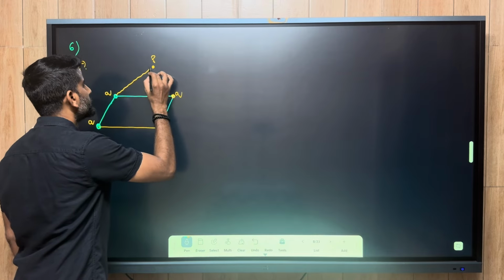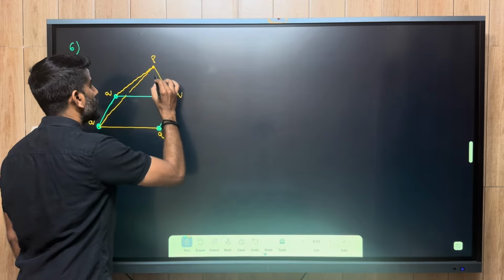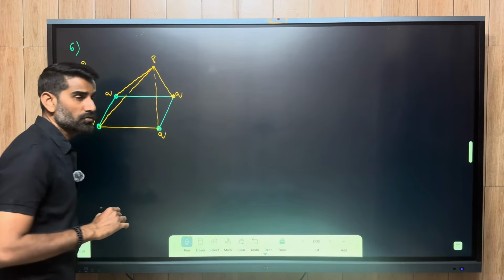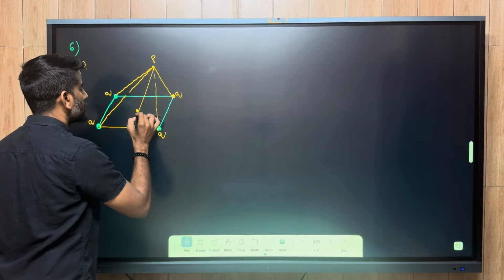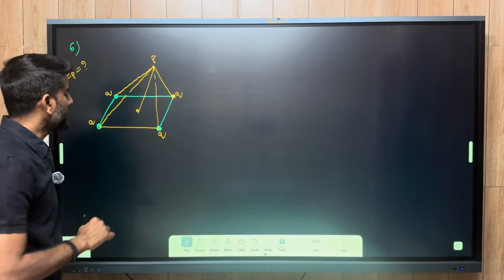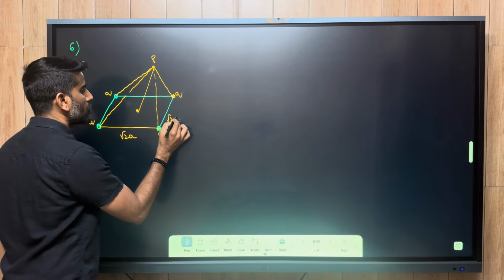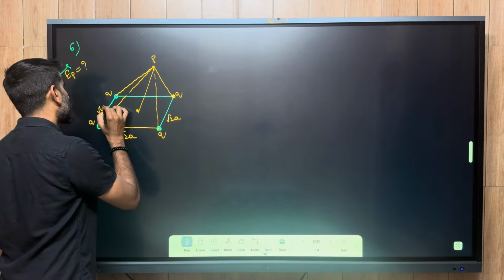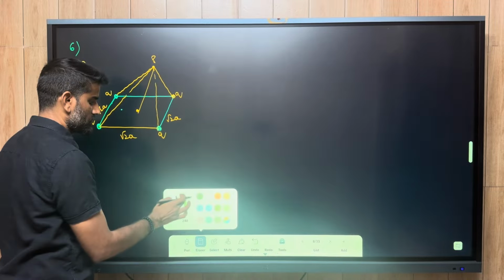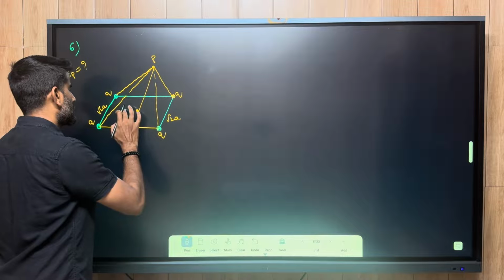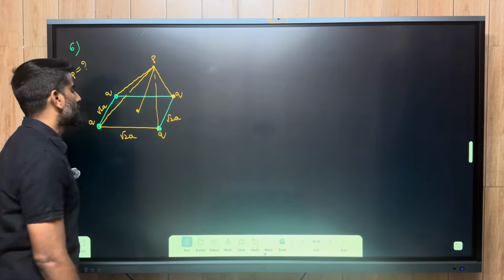So I have this square pyramid, and I have the center here. Each side is root 2 a.